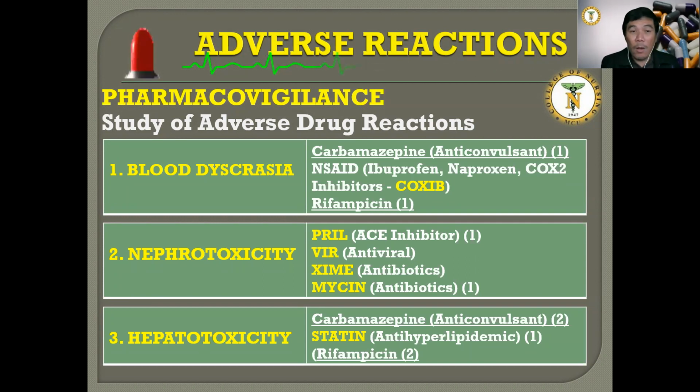The drugs that may cause adverse reactions affecting the kidney are the -prils, which are the angiotensin converting enzyme inhibitors.